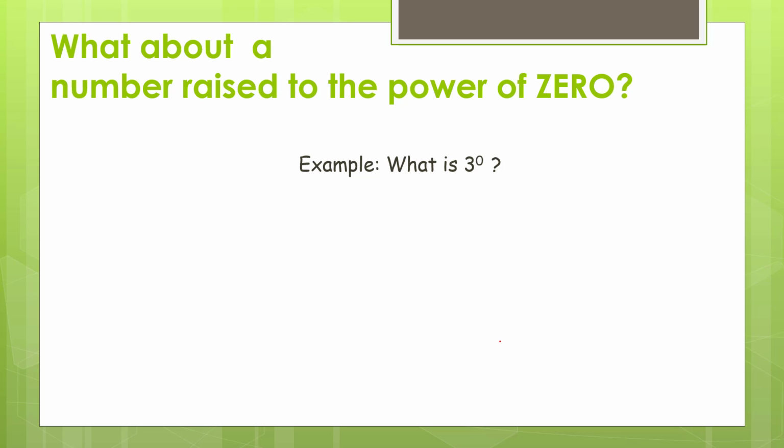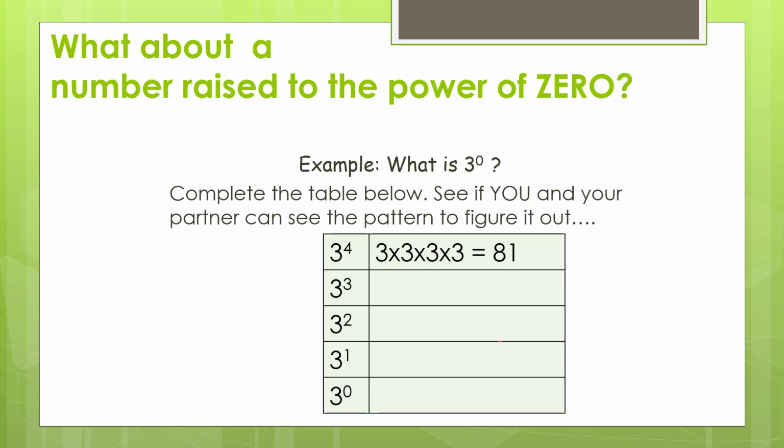So, what about a number raised to the 0th power? Let's complete the table below and see if we can see a pattern that helps us figure out what's going on. So, we have 3 to the 4th power.